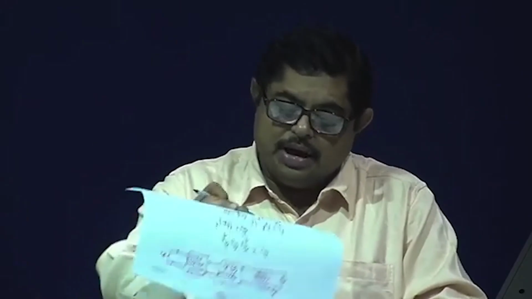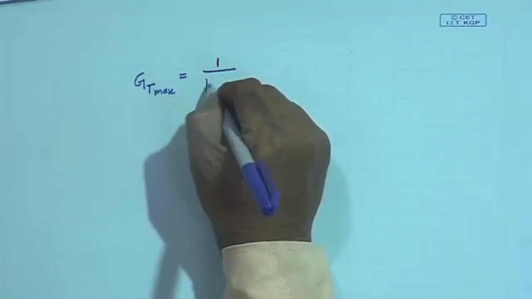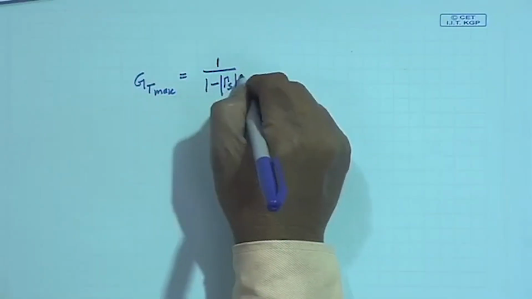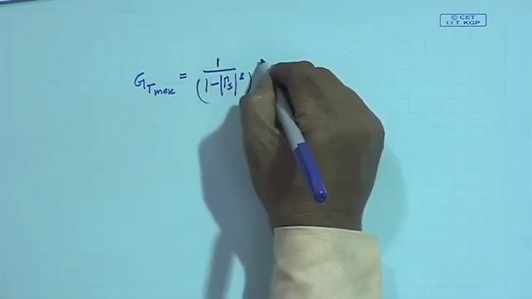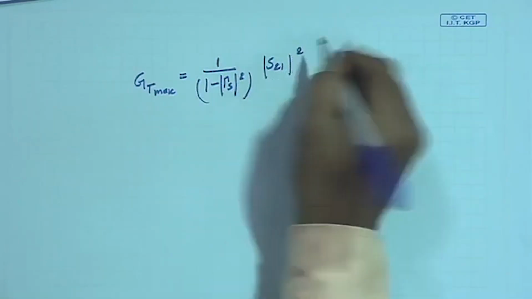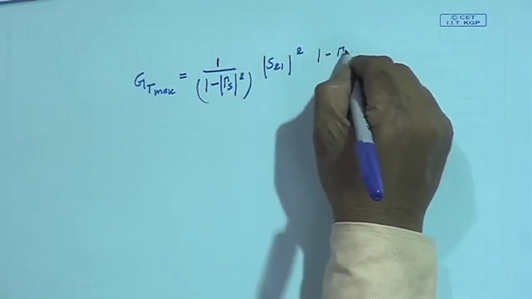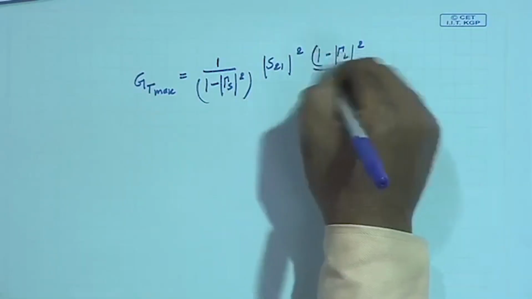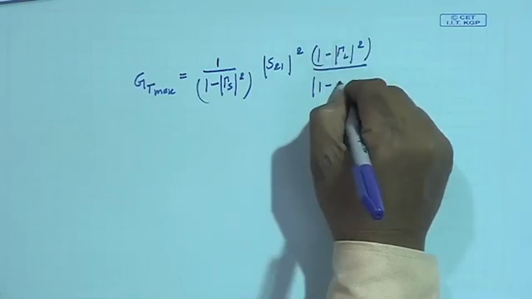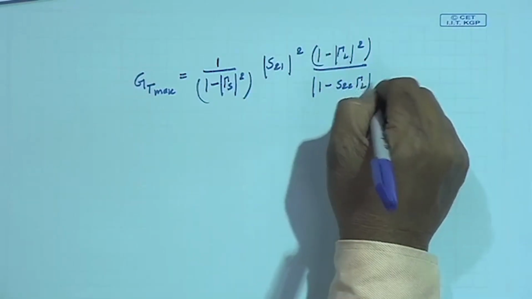Those are not lumped elements, L section lumped elements; they are used for lower frequencies. But at high microwave frequencies you need transmission lines and transmission line stubs to design a lossless matching network. So, GT max will become 1 minus the expression we found last time, S21 square, and 1 minus gamma L square by 1 minus S22 gamma L square.